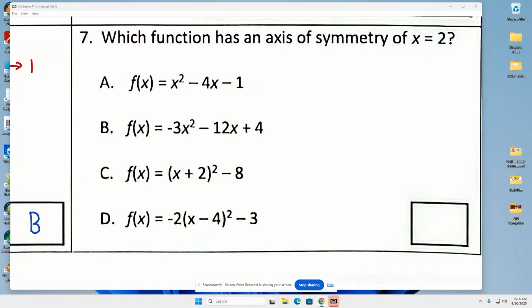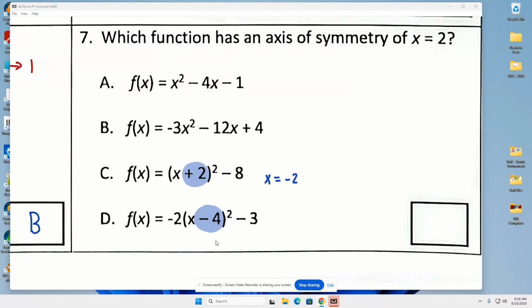Well, absolutely. So you could go graph all of these and see which one has an x value on your vertex as a 2. Now, real quickly, down here, these are in vertex form. And since those are in vertex form, which you can tell because of these parentheses, that is the opposite. So wouldn't that be x equals negative 2? And therefore doesn't match up.